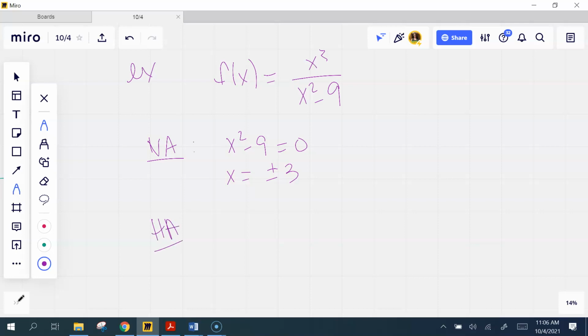Horizontal asymptotes. It's a slant. So there's no horizontal asymptotes, but there is a slant asymptote. So what I have to do is I have to divide. I have to say x squared minus 9 goes into x to the third how many times? And I can put my placeholders in here.